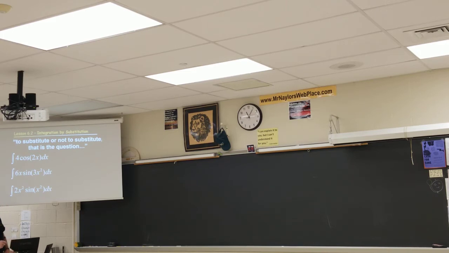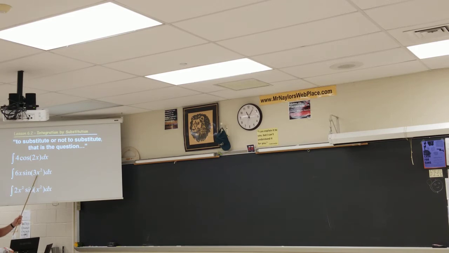I think it's pretty clear here that we have three potential u's. It's all the stuff that's on the insides. It's either 2x, it's either 3x squared, or x squared. So those are kind of like our insides. It's pretty easy to see the derivative of each of those.